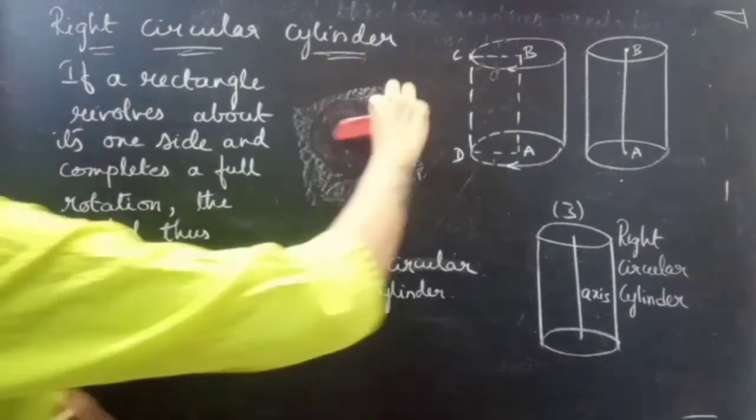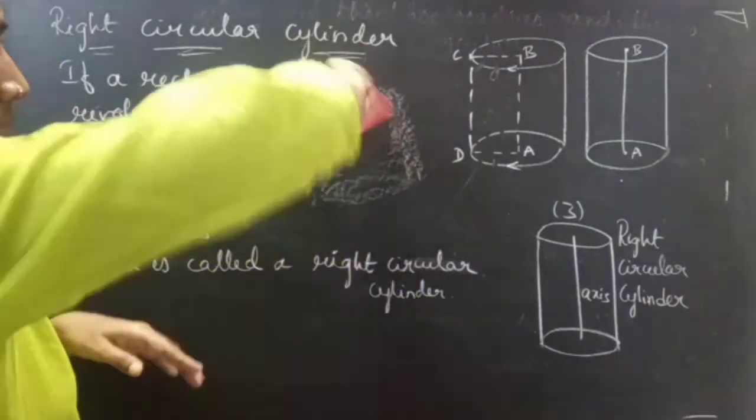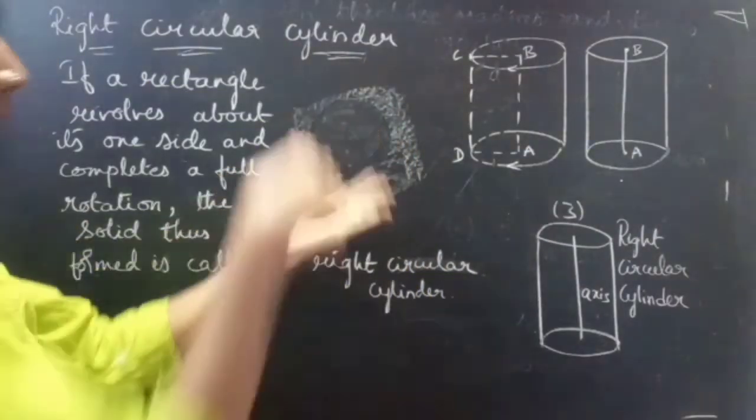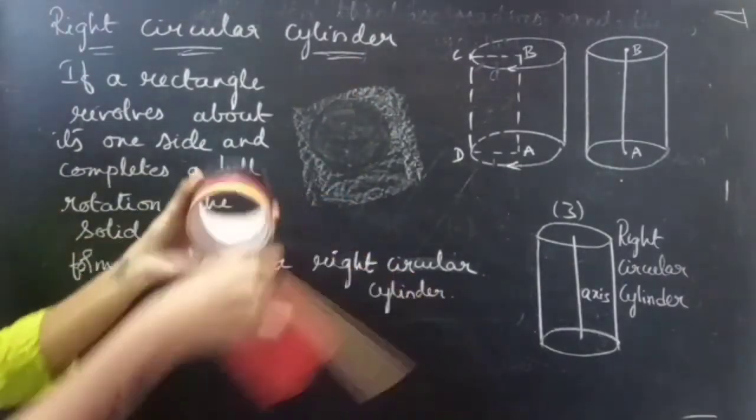Okay, so here we formed a circle, the base of the cylinder.